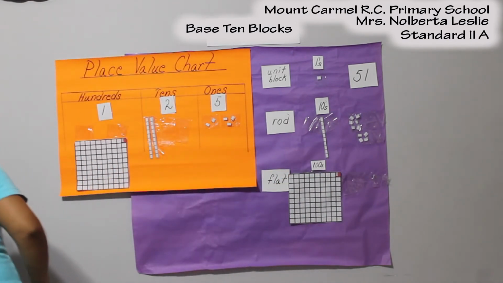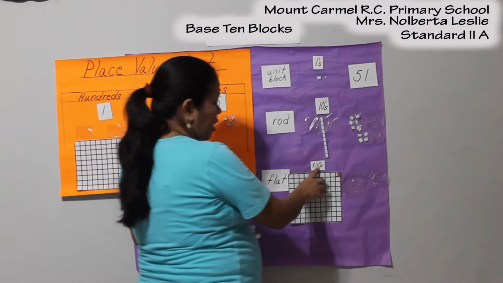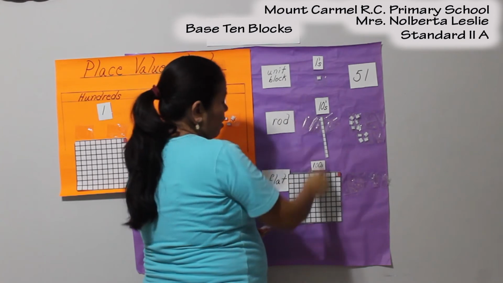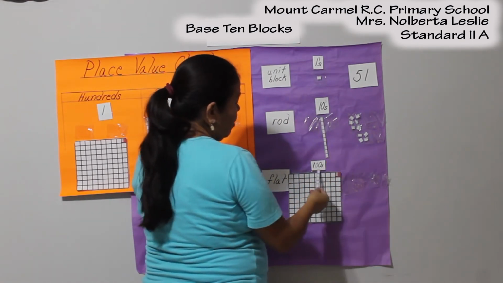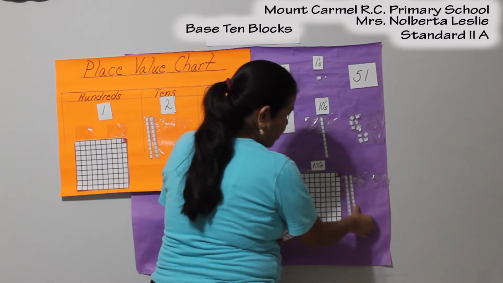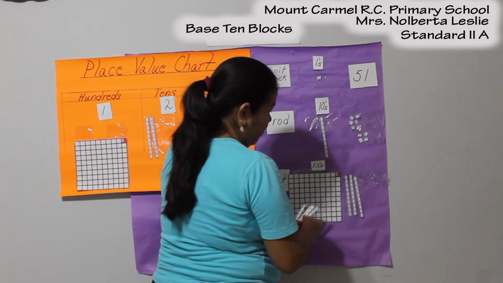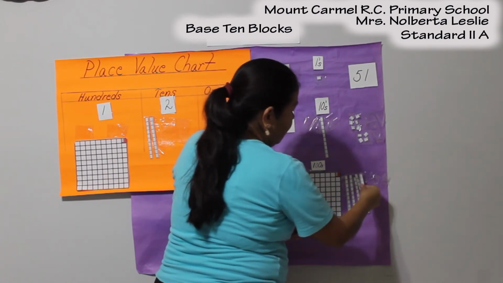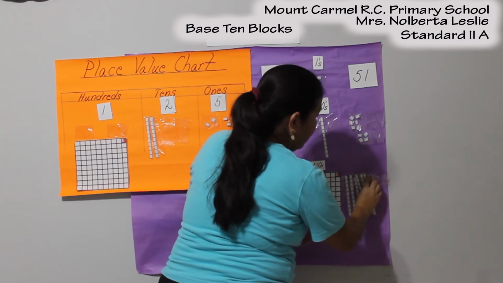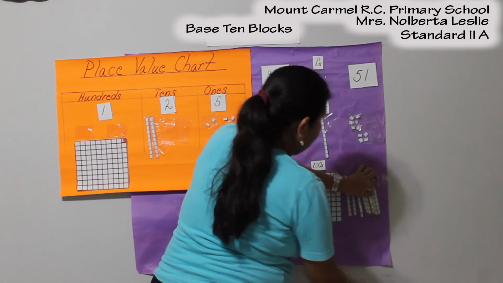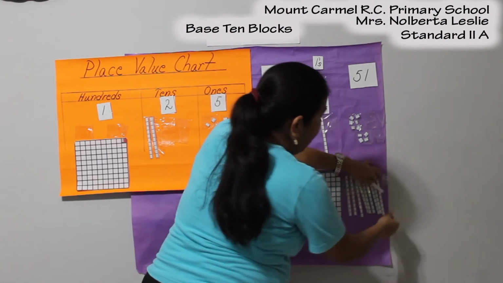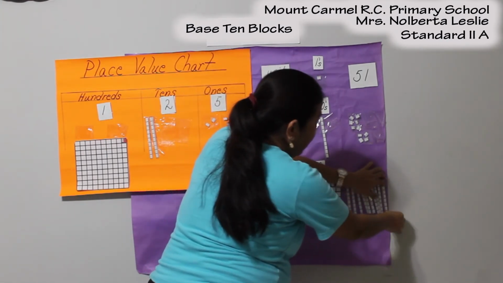And in this flat, it says 100, meaning there are 10 rods or 100 unit blocks. So again, 10 rods are here. Let's count it. 1, 2, 3, 4, 5, 6, 7, 8, 9, and finally 10.